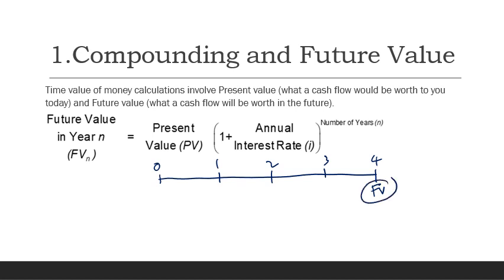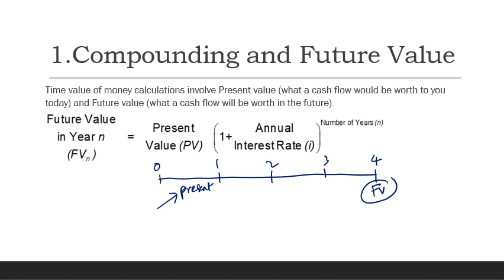If, say, we start with any amount here in the present, because you want to calculate the future value. So the mathematical formula of future value is present value multiplied by 1 plus interest rate.